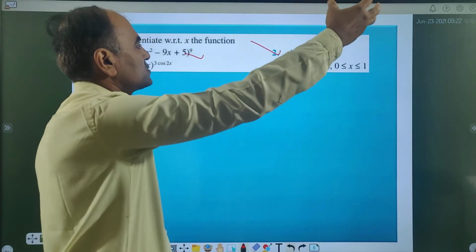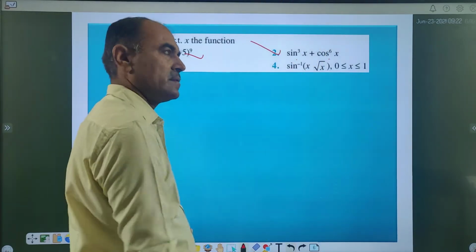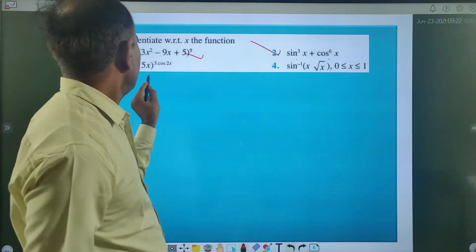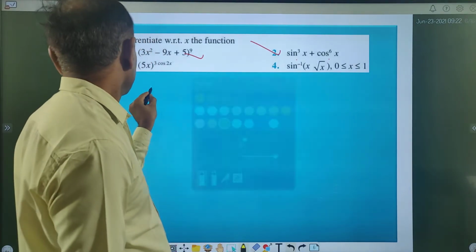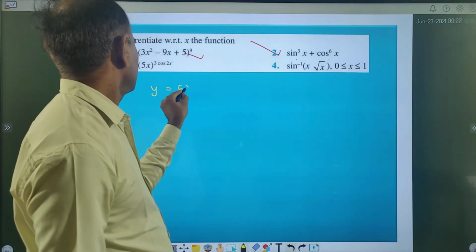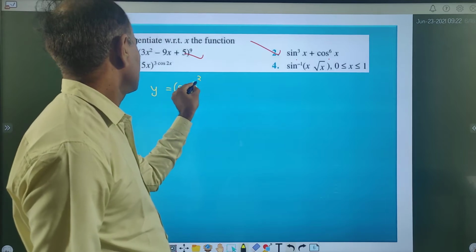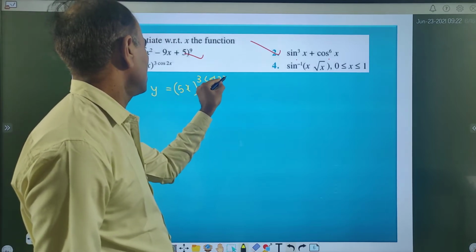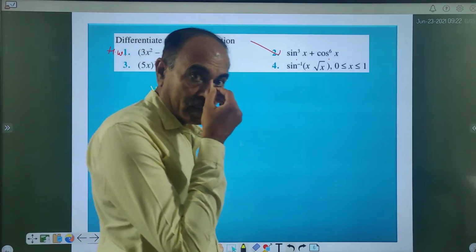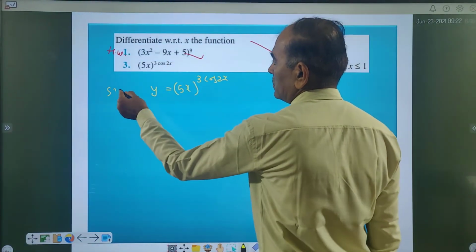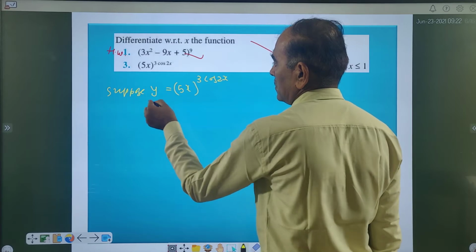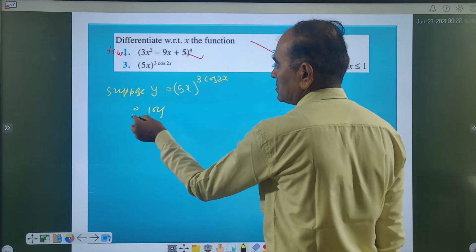Sin of some function raised to n. Okay, here see. y is equal to 5x raised to 3 cos 2x. A function raised to a function is given, so what do we have to do? We have to take log on both sides.